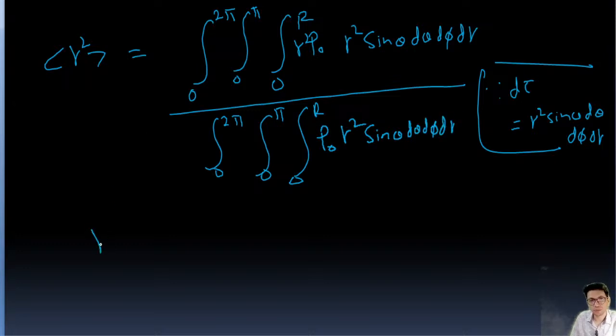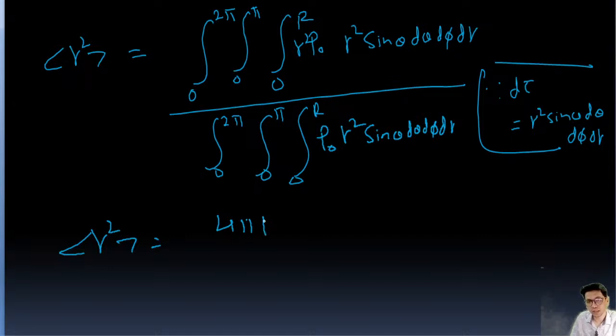Now we'll solve it. So 0 to pi sine theta d theta is 2, 0 to 2 pi d phi is 2 pi, so this will be 4 pi, right?